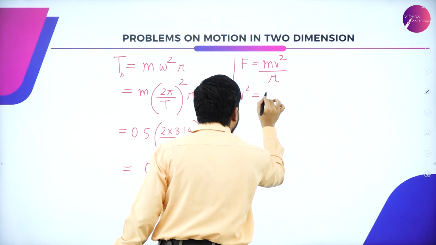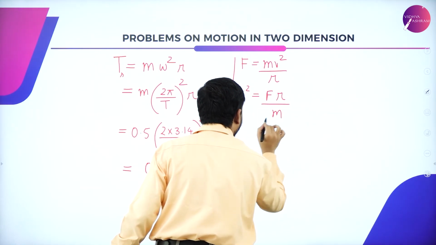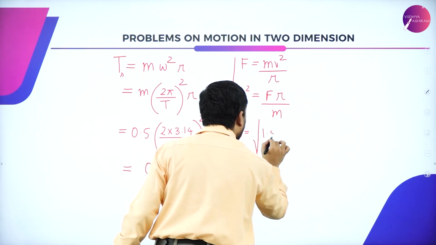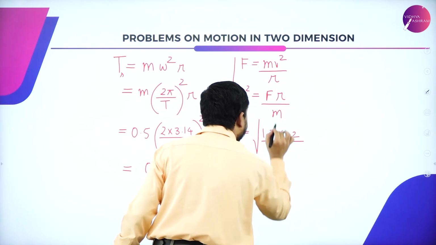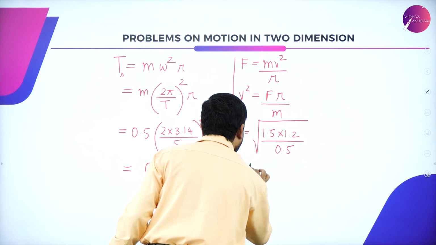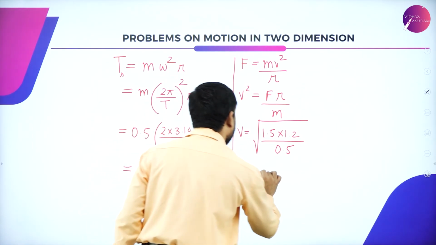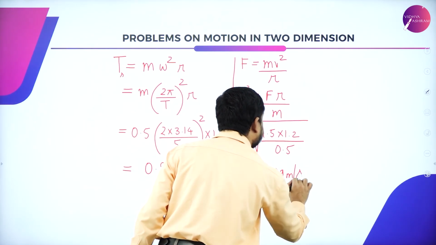So v square is F into r by m, or v is root 1.5 into 1.2 divided by 0.5. So the maximum velocity here is 1.89 meter per second.